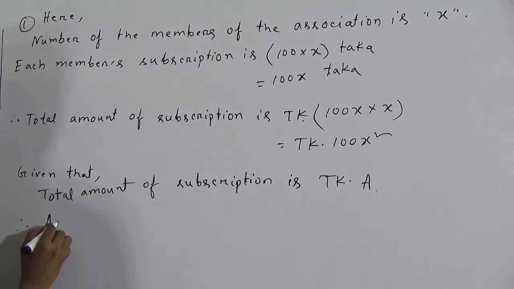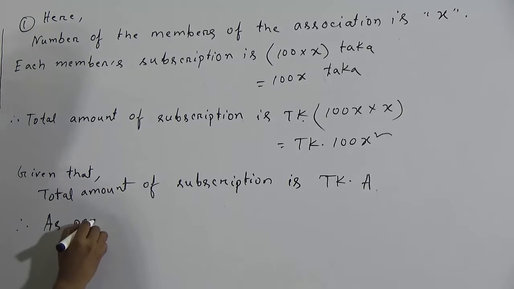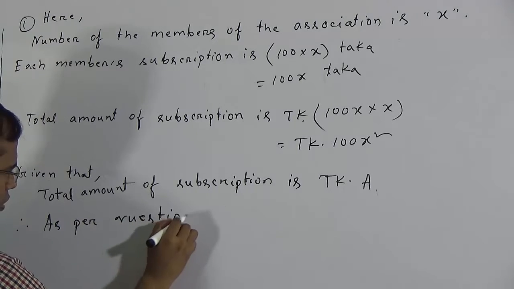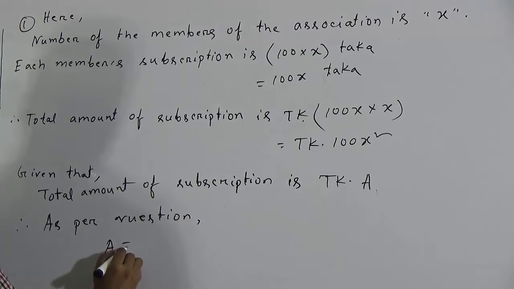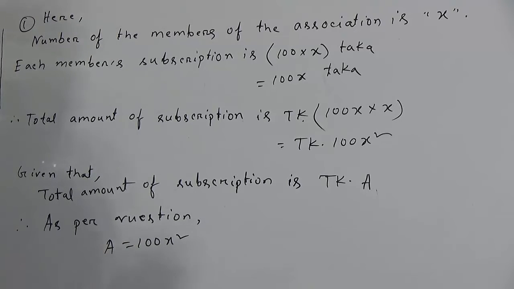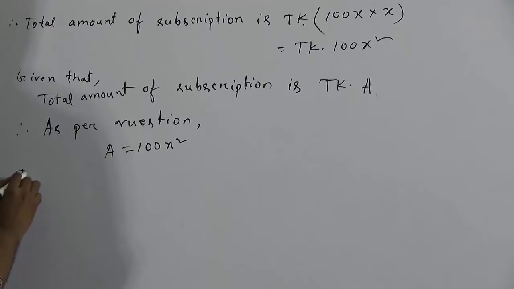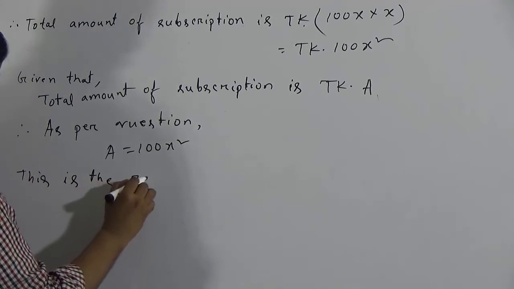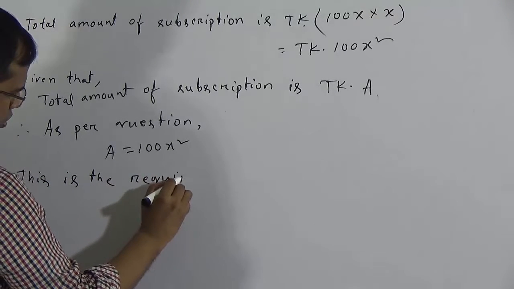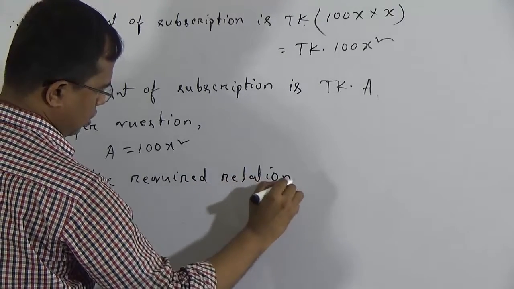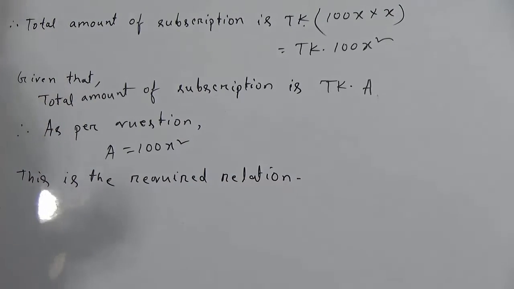Therefore, as per question, now we can write A equal to 100 x square. This is the required relation. Okay, dear students, you have solved one number. Now we'll solve two numbers.